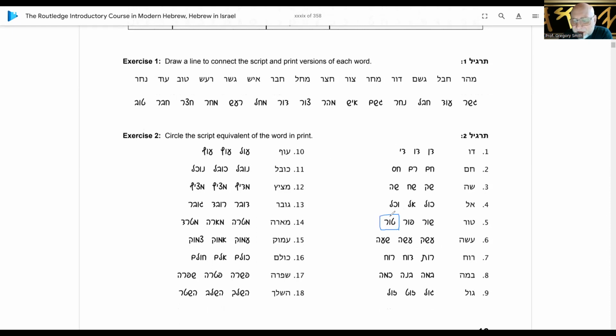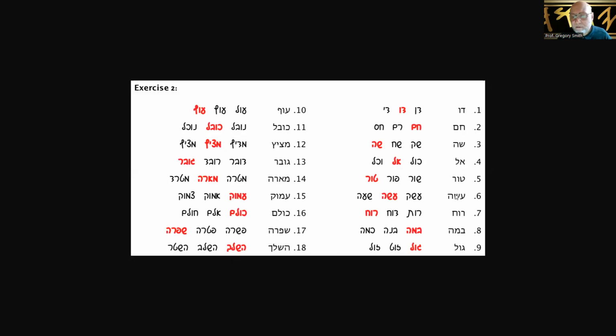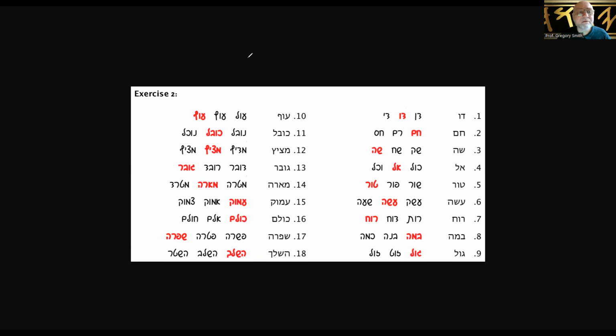That's clear to see because the tet looks just like what it is in block script. And look at this resh, looks just like a resh. Okay, so the last one for number 5. And there it is right there. So that's correct.